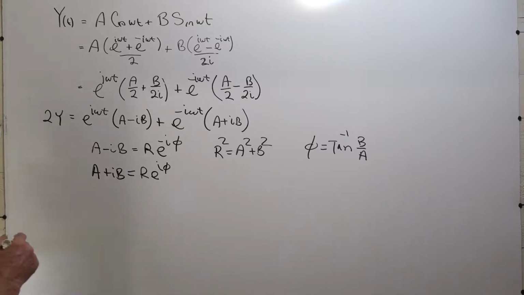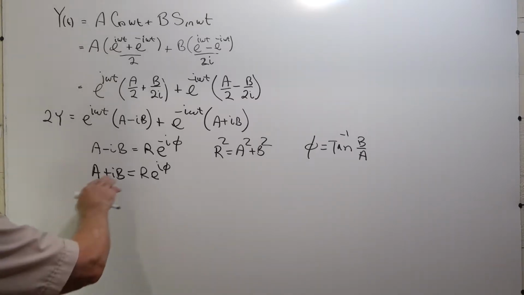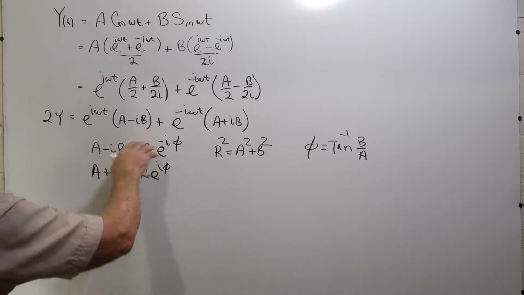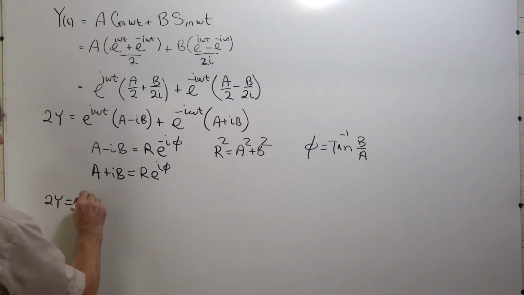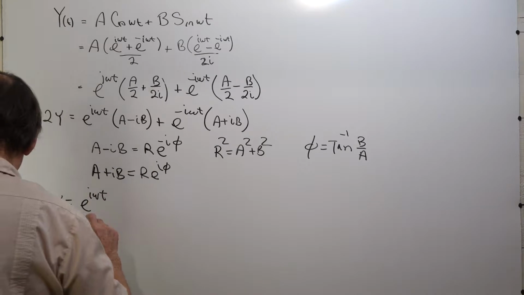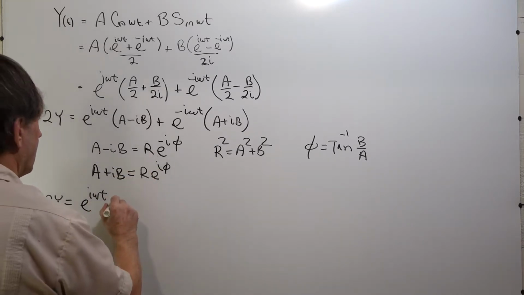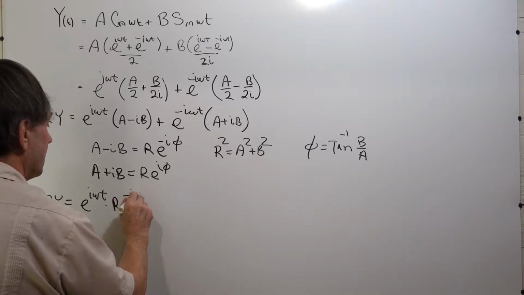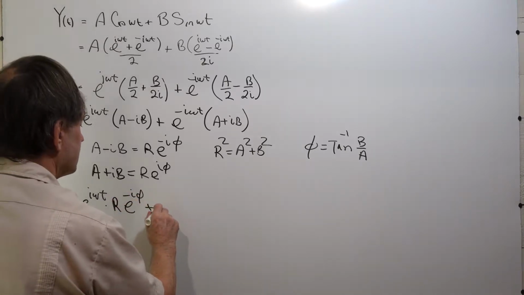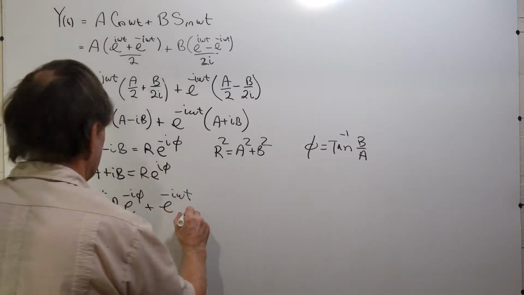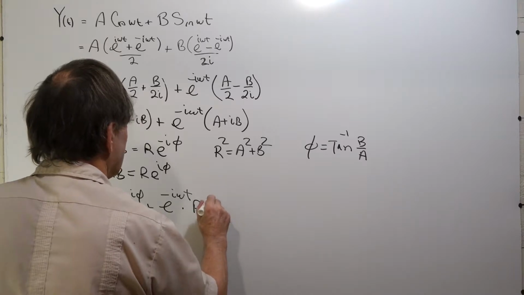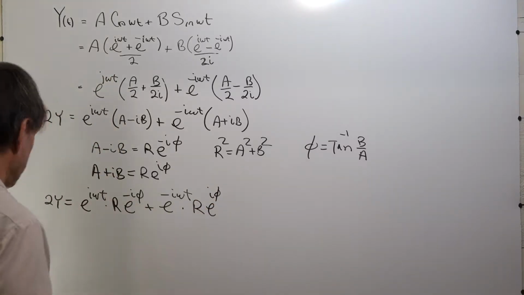Now, I'm going to write this out, substituting these in for a minus jb and a plus jb. So we've got 2y is equal to e to the j omega t times, for a minus jb, we have R e to the minus j phi, plus e to the minus j omega t, and for a plus jb, we have R e to the j phi.